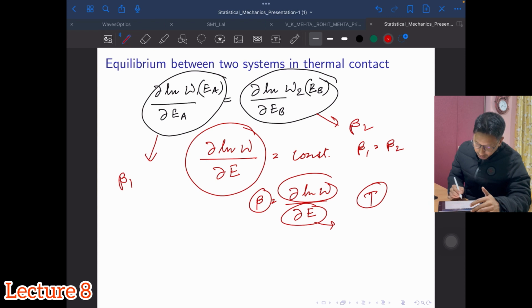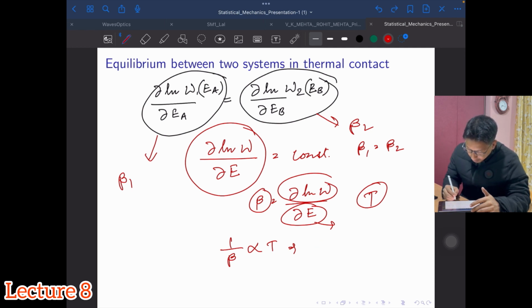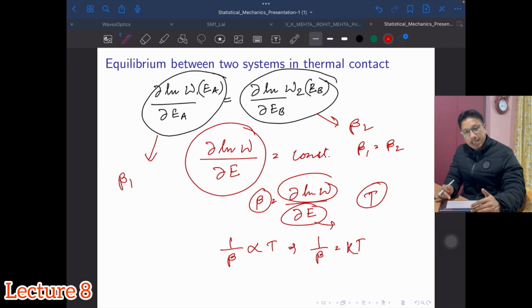Therefore 1 by beta is somehow related to temperature, and 1 by beta is taken to be some constant k times T. So 1 by beta is kT.